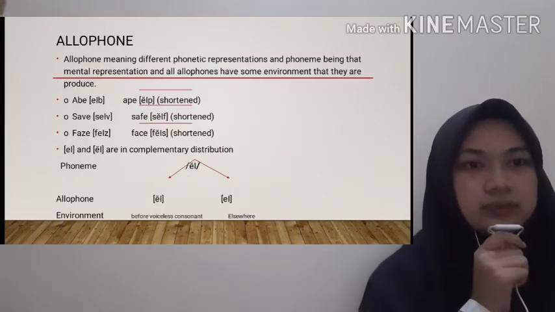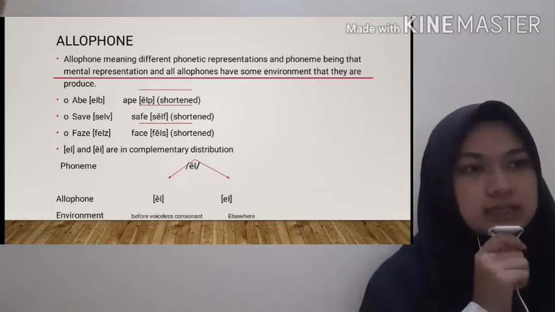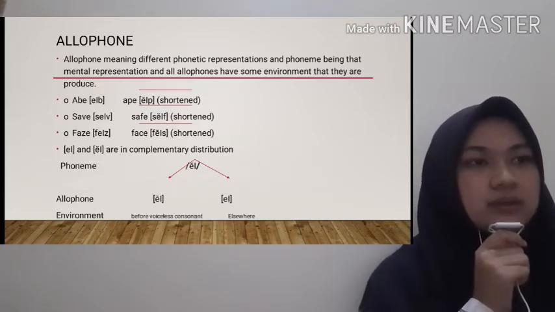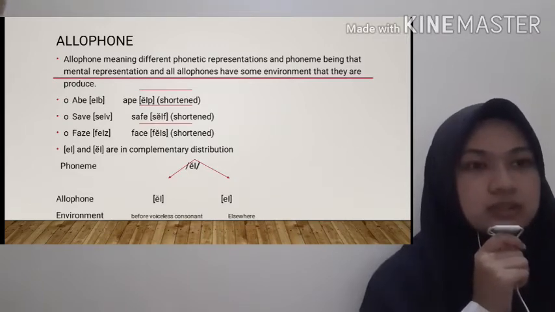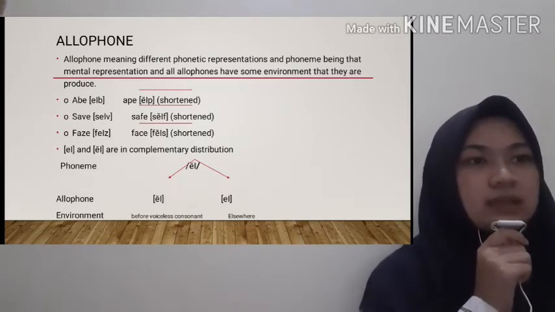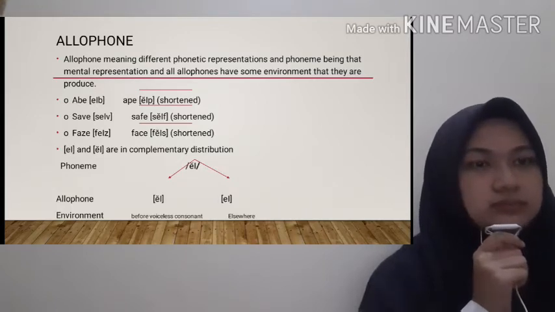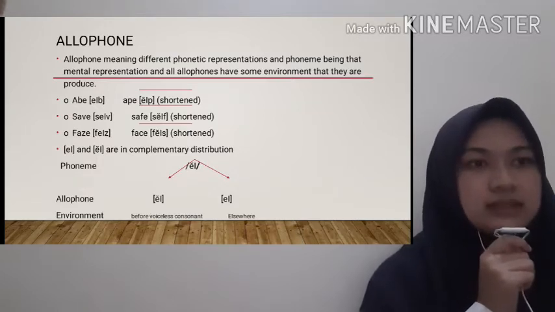Next, allophone. Allophone means different phonetic representation, with the phoneme being that mental representation, and all allophones have some environment that they are produced in. First, up, safe, face.